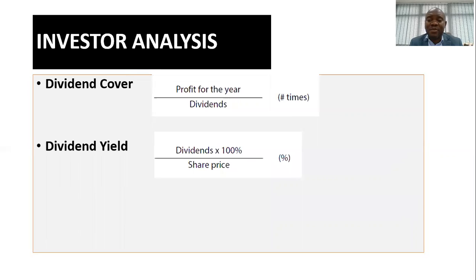From your market share price, how is it actually able to yield the dividends? This is when I look at dividends over share price. Remember that there is a link between the share price, the cost of equity, and the dividends.